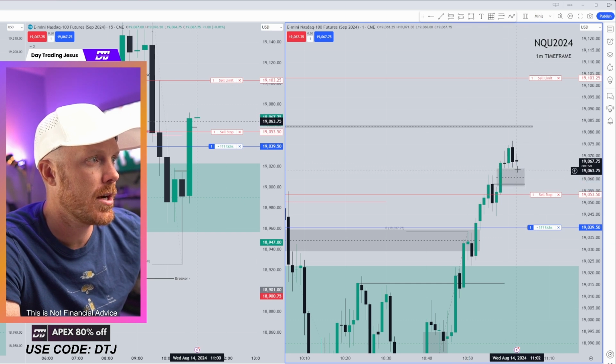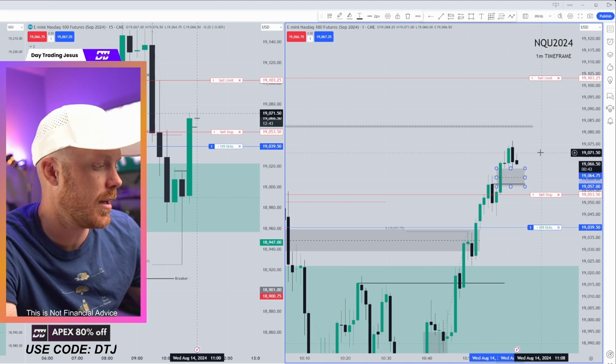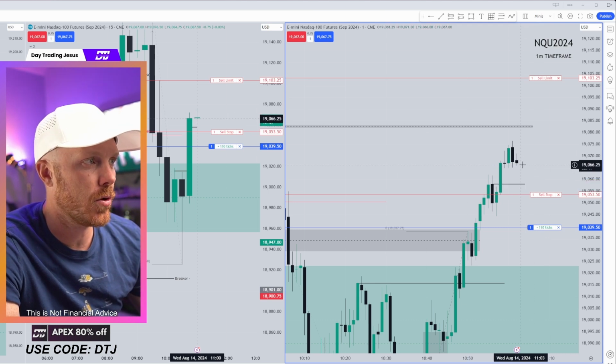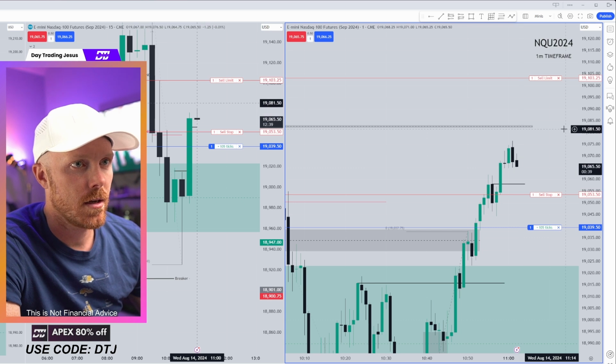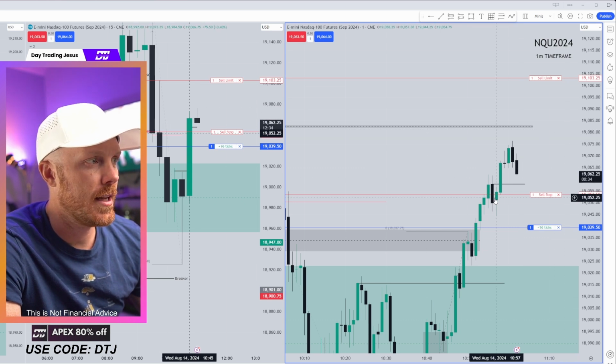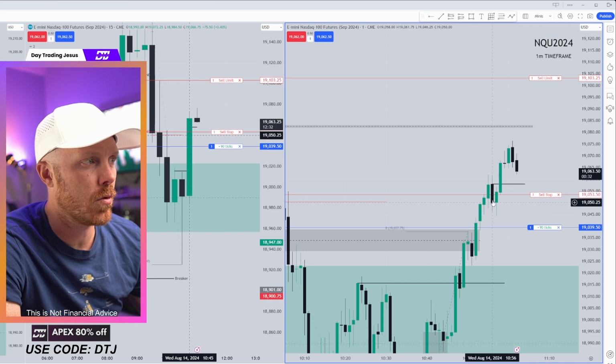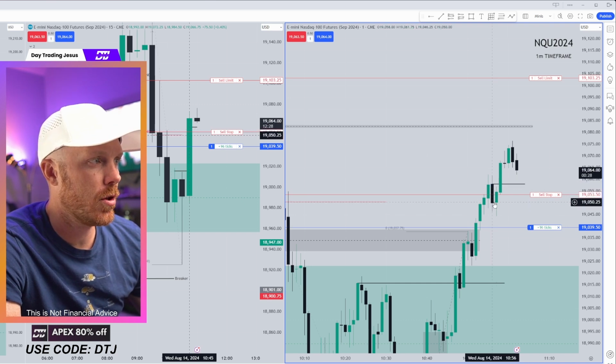A wick in here, institutional order flow drill, wick into here, and then move higher. That's something that you need to tell yourself it's okay to see. It is just below the mean threshold of this order block, the down close candle, just below mean threshold.